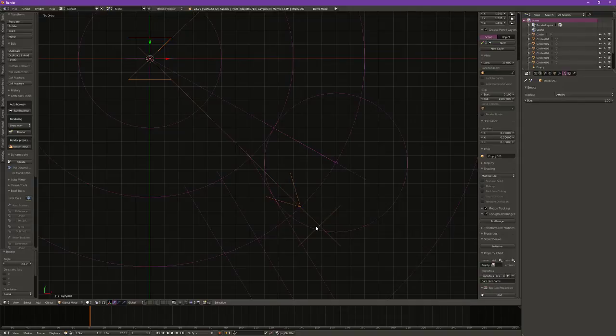Okay. It seems like I'd have to find where this intersection point is before I can position this thing.